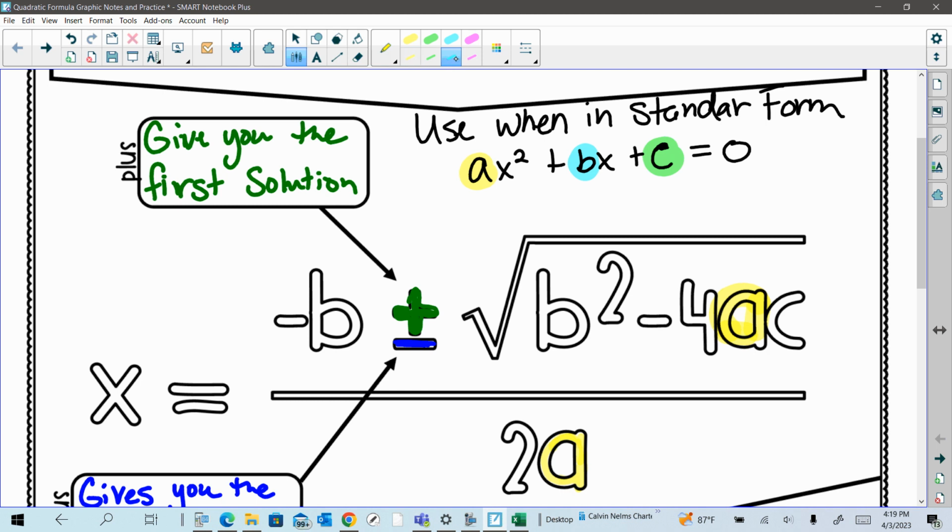Where we have a B, notice we start off with a negative B, and then we have B squared, so to a power of 2. All right, and then we have 4 times AC. So our C is here underneath the radical.